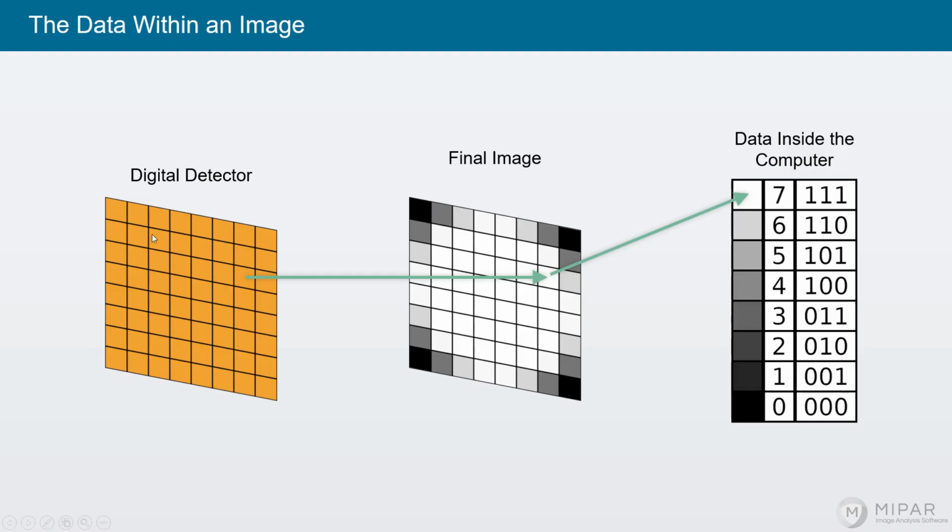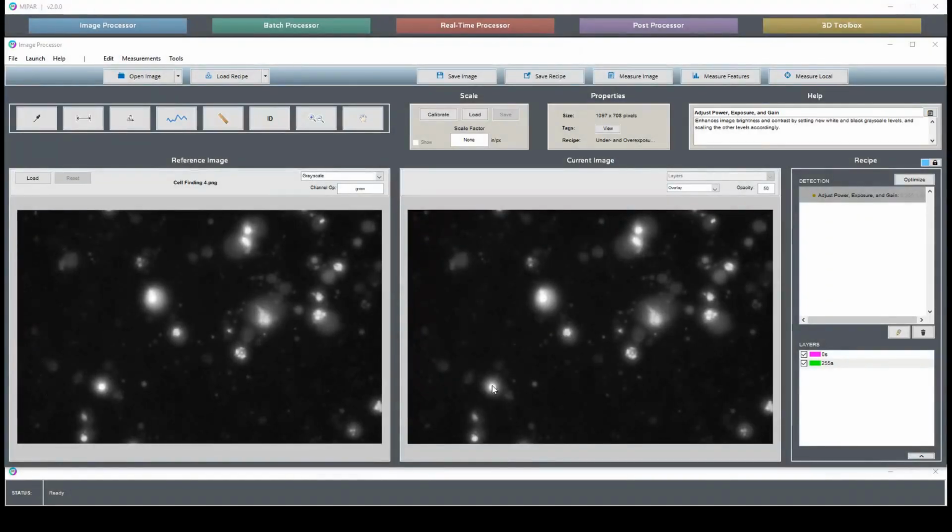So whatever level in the detector that you set as 0 and whatever level that you set as 255, anything above that or below that gets clipped off. Let me show you this interactively. Here we have some cells that were illuminated using fluorescence microscopy. And what we have here is a demonstration of what will happen to the image if you adjust the power, the exposure, and the gain in your microscope to set the levels of 0 and 255.